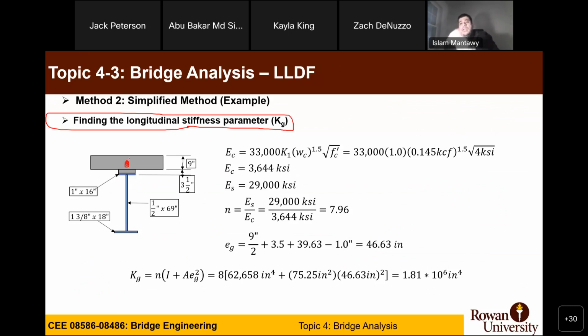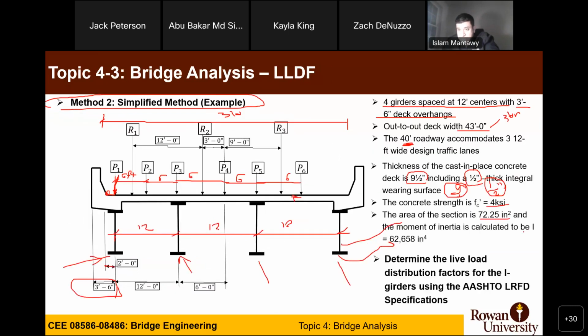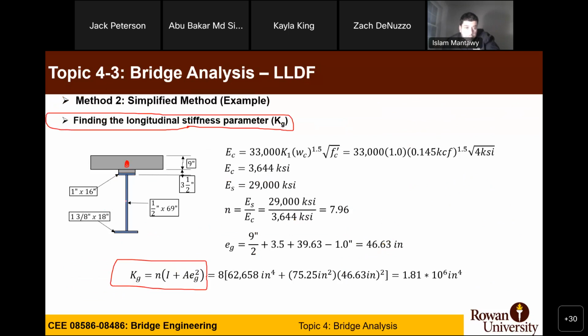This is the equation: Kg equals n times (I plus A times eg squared). I think they give you the value of eg, which is a centroid distance. Let's calculate it together. You need n, I, A, and eg in order to calculate Kg.